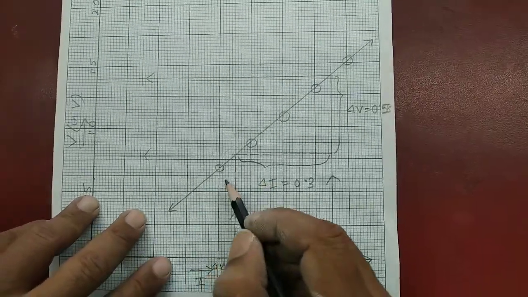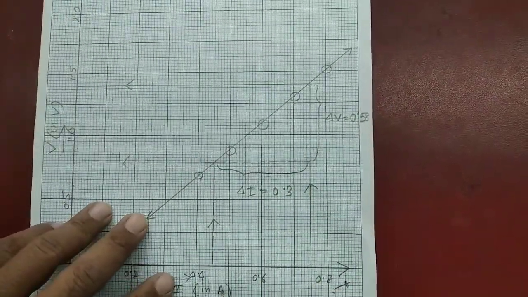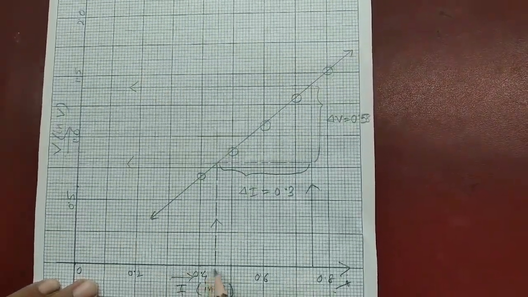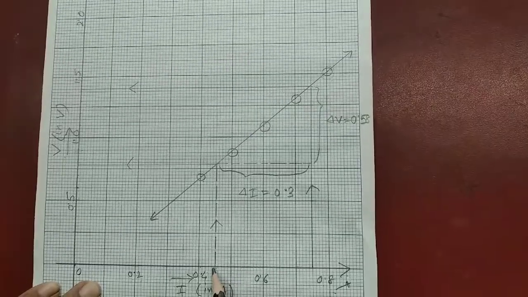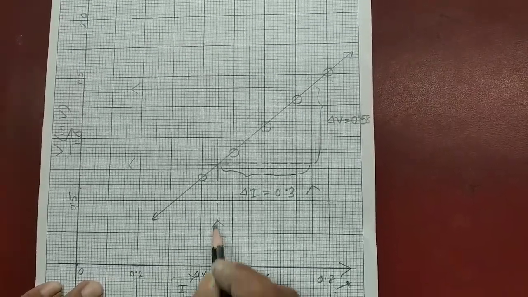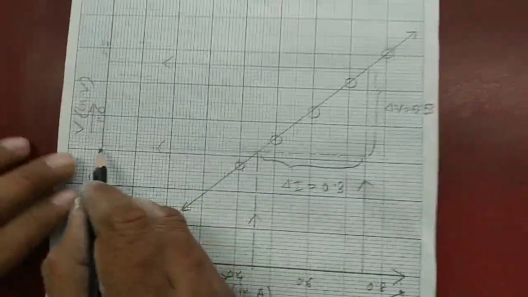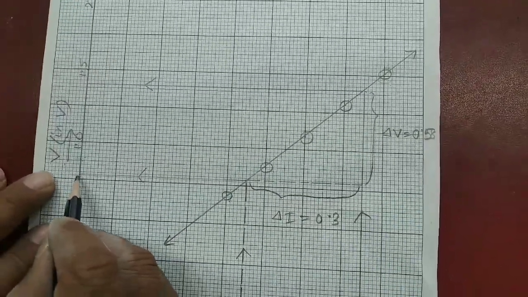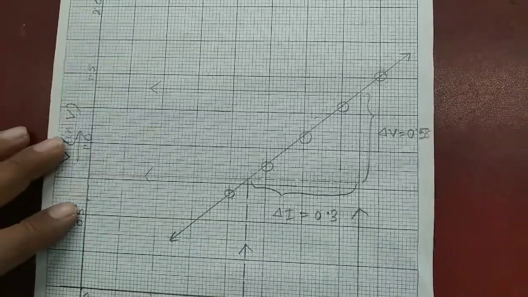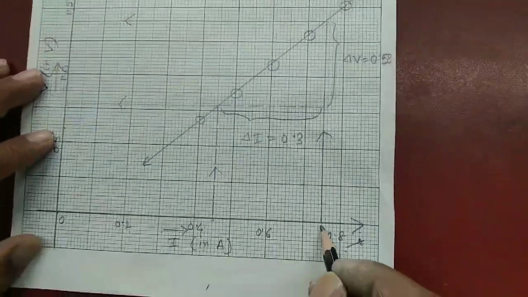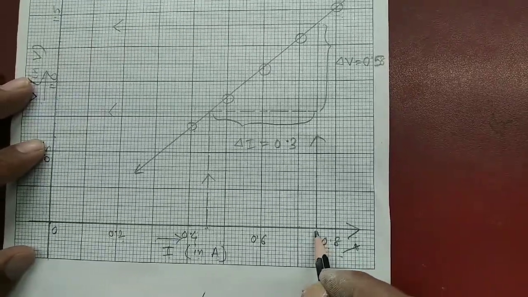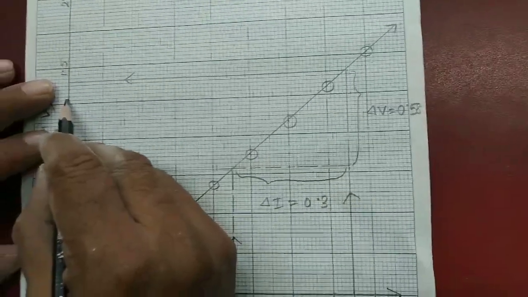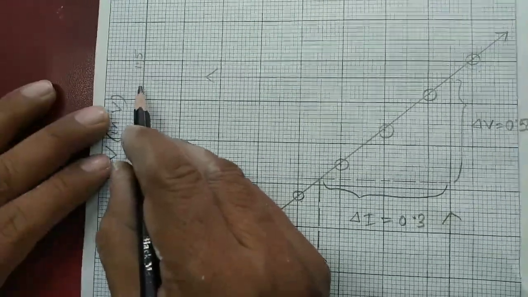Now to get the slope, we have to see that when the current in the ammeter is 0.45, the voltmeter reading is 0.68, and when the ammeter reading is 0.75 ampere, the voltmeter reading is 1.4.